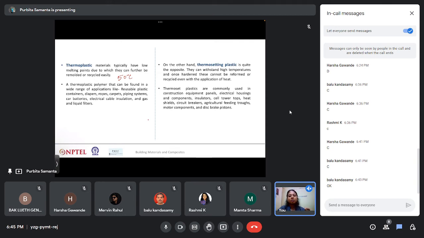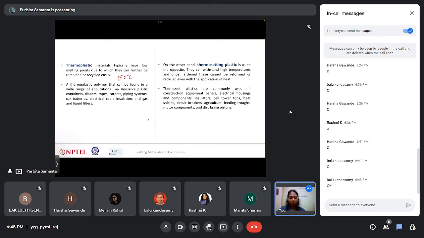The very wide range of applications of these thermoplasts include rope, carpets, reusable plastic containers, or car batteries. Anything that can be reused falls under the category of thermoplastic, primarily because of their low melting point, which is something around 50 degrees Celsius.